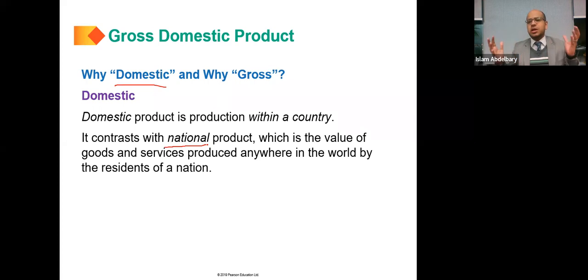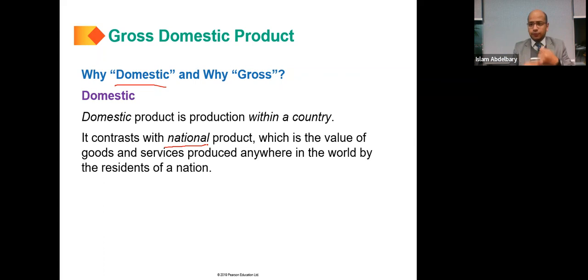So I will say GDP of Egypt. We aggregate all product produced in Egypt, regardless of the nationality of producers. So whoever is in Egypt and participates in the production will be counted in the GDP.